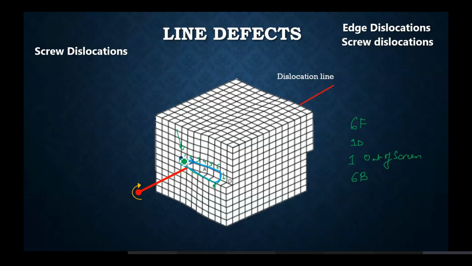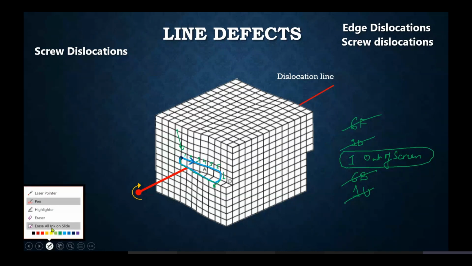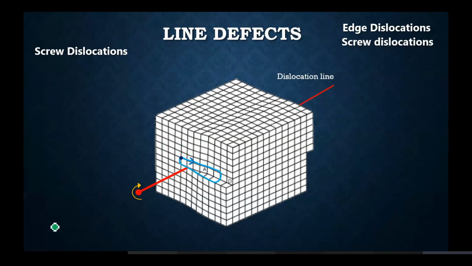And then I'm moving one step upward to close the loop. So 6 forward and 6 backward cancel out, and 1 downwards and 1 upward cancel out. There is one step out of the screen that you're moving. That is basically the measure of your screw dislocation. So this is the Burgers vector b, which represents the amount of defect that has been created due to the screw dislocation. Clear enough?